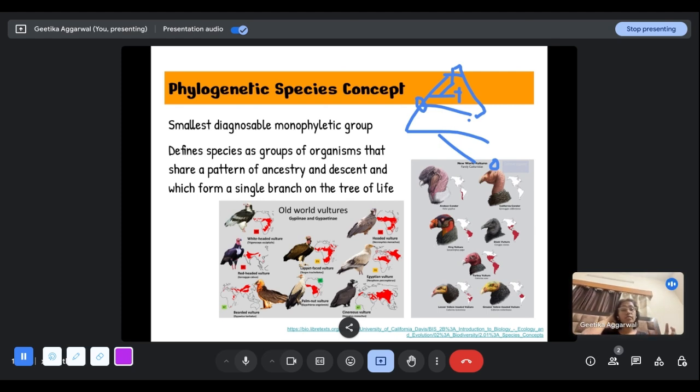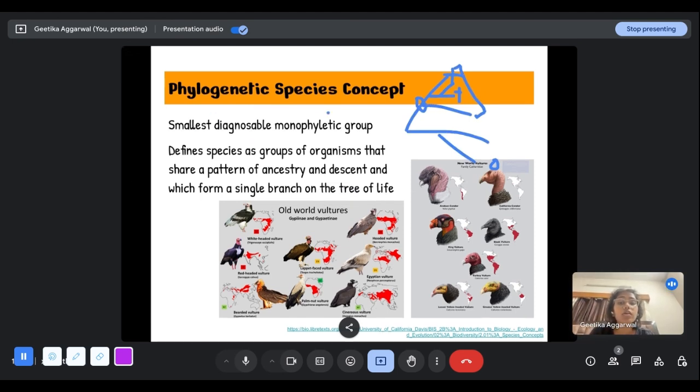It's a group of organisms that share a pattern of ancestry and descent, and they form a single branch on the tree of life. Now, why do I have the example of old world vultures and the new world vultures? Even though both of these groups are called vultures and they have behaviors matching the definition of being a vulture, when scientists looked into their phylogeny, they found that the old world vultures are much more closely related to eagles and kites, but the new world vultures are much more closely related to storks.